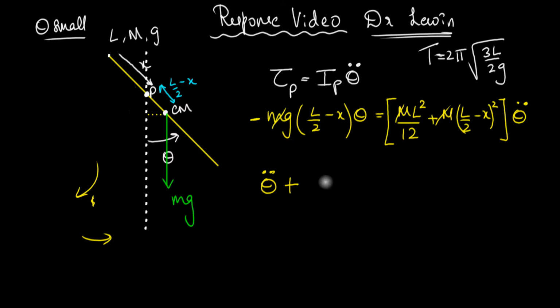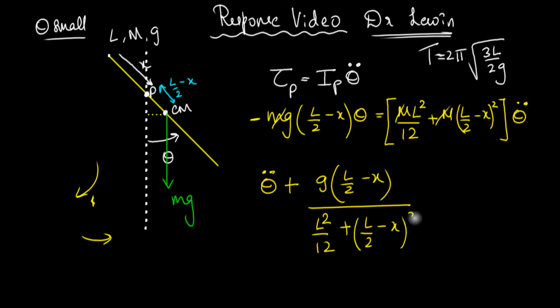I get g times (L/2 minus x) divided by (L squared divided by 12 plus (L/2 minus x) the whole squared), times theta, has to be equal to 0. Hopefully I've not made any errors over here.